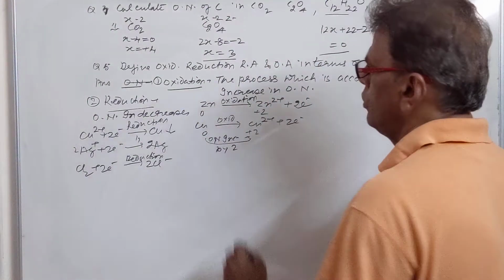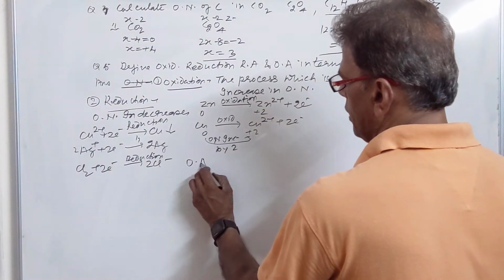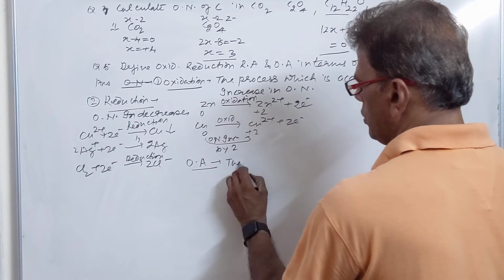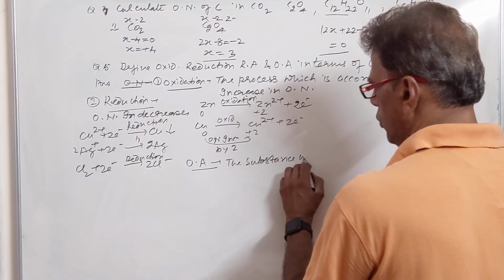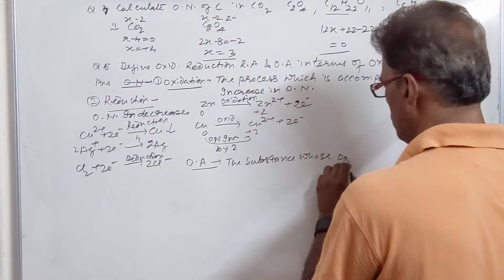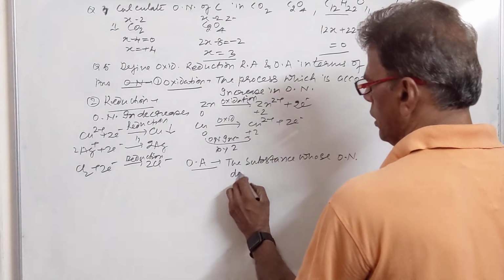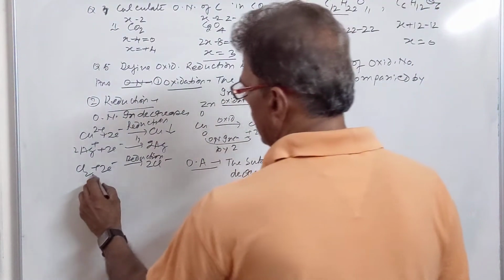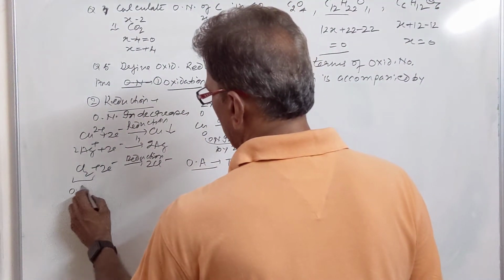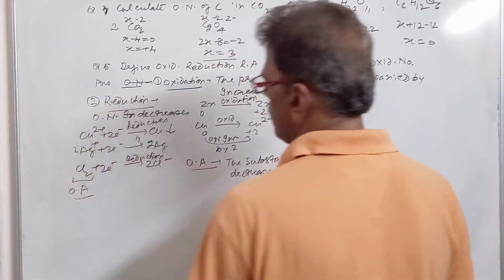Now we come to the oxidizing agent, the substance whose oxidation number decreases. Here these are all the oxidizing agents, because the oxidation number is decreasing.